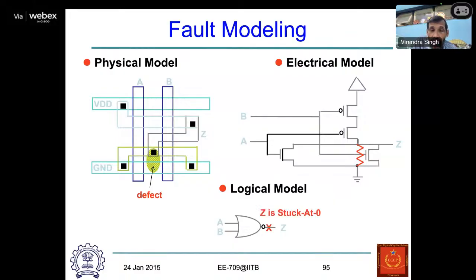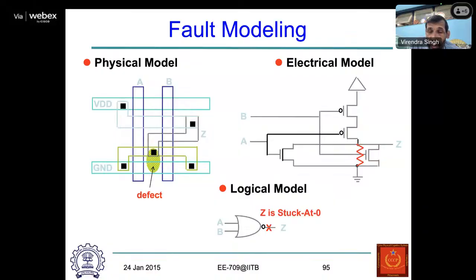So the logical manifestation can be like here, because this is a NOR circuit, the output would be like here: it won't change the value of the output Z, which always remains zero.